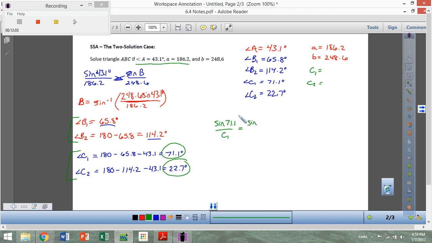You would need to be careful if you used angle B, and making sure that you use the information for B1 for this one and for B2 for this one. So if you just use that stuff for A, you won't have to worry about that. So 43.1, and over here 186.2, which means C1 is going to be 257.8.